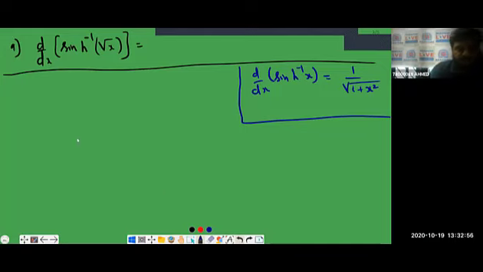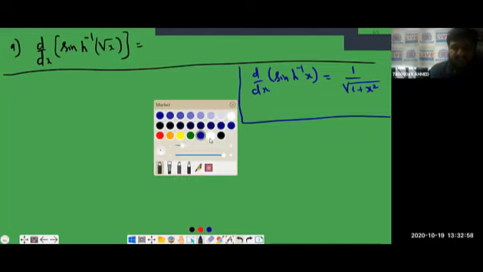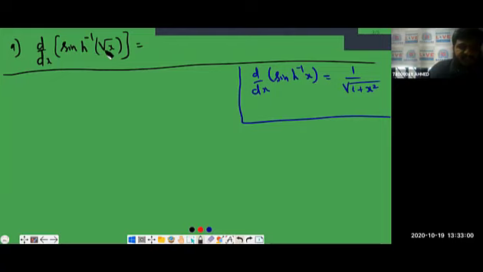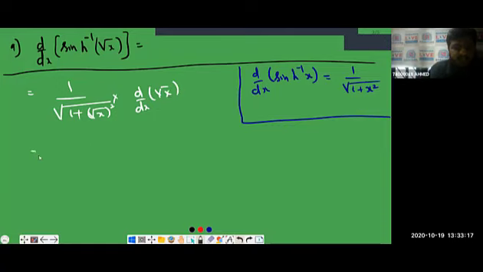So what will be the answer for this? d by dx of sinh inverse of x will be equal to 1 divided by root of 1 plus x square. Here x is root x, so root x whole square, into d by dx of root x. So this is equal to 1 by root of 1 plus x, into 1 by 2 root x.